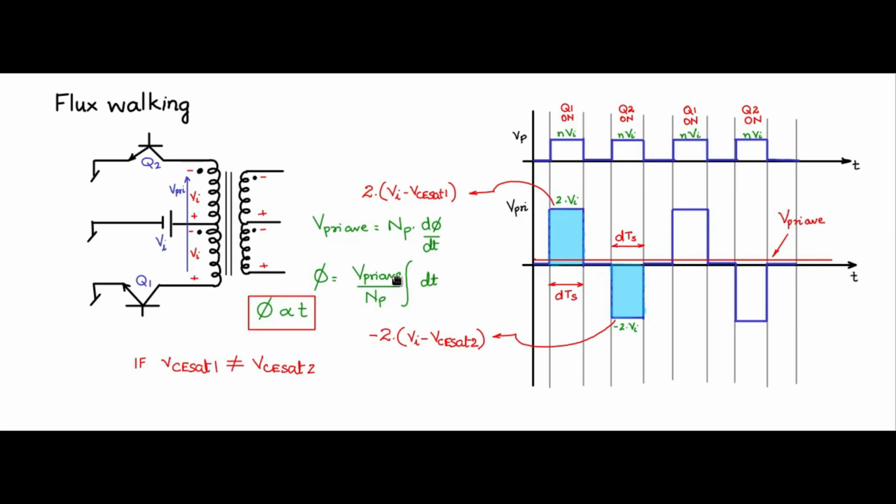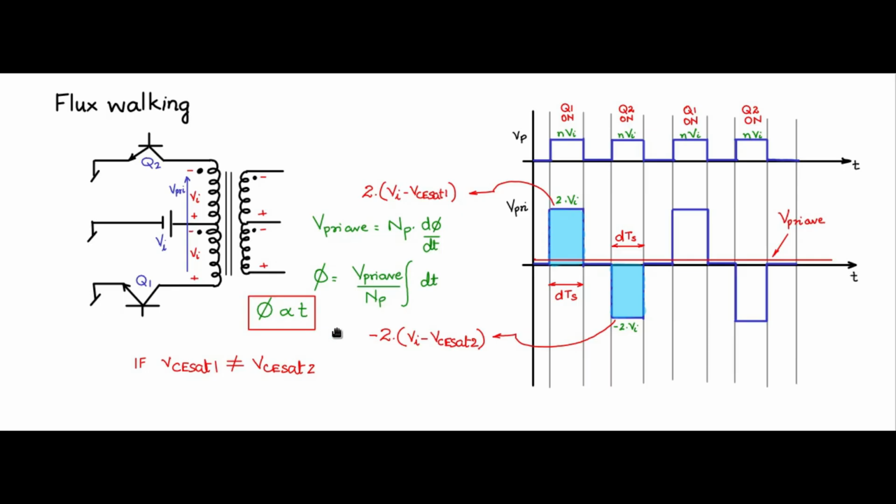It will drift to plus phi m or minus phi m and ultimately saturate the core in one direction. Once the core saturates, when you give a duty cycle T on, there will not be induction, and the current will increase and blow up the switches.